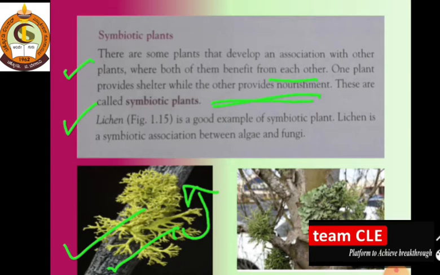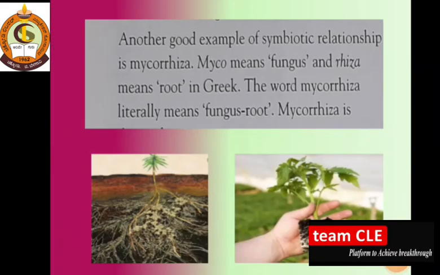Why I am repeating these two things is that you have to be more focused on this concept. Another type of symbiotic relationship we will now discuss. Usually you can see some extra developed roots in your surrounding, towards the tree.